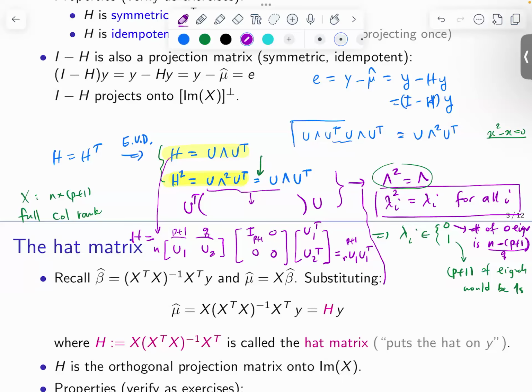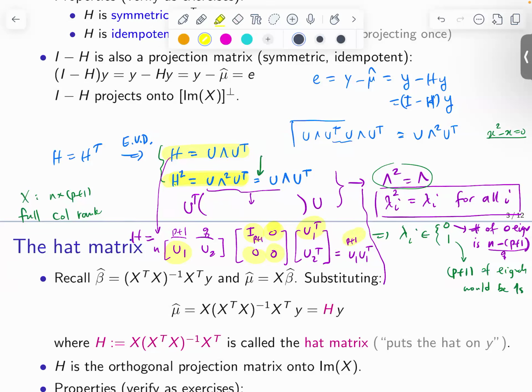So once you multiply out, this would give me U1 times the identity times this, plus the rest of the things would get multiplied by the zeros and then it would vanish. So only U1 is there. Okay, let me remove this to avoid confusion.